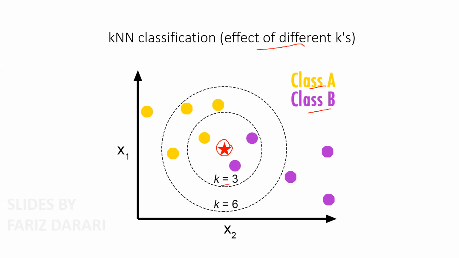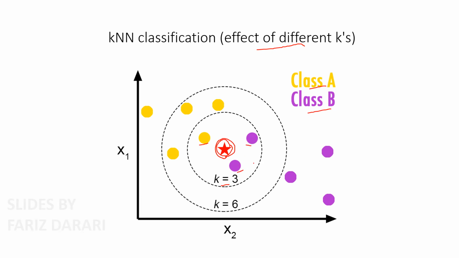First, let's suppose that k is 3, and we see the 3 nearest neighbors to this star. I think it should be clear that the 3 nearest neighbors would be this, this, and this.